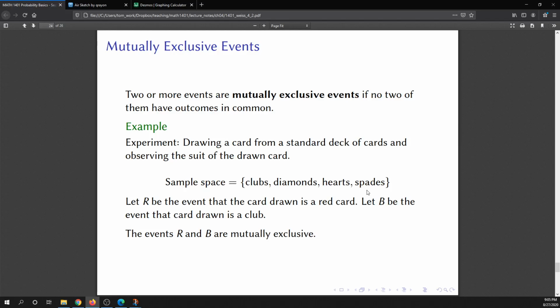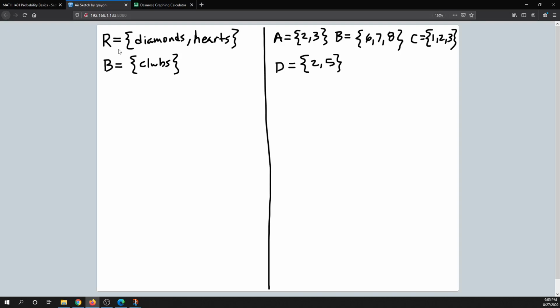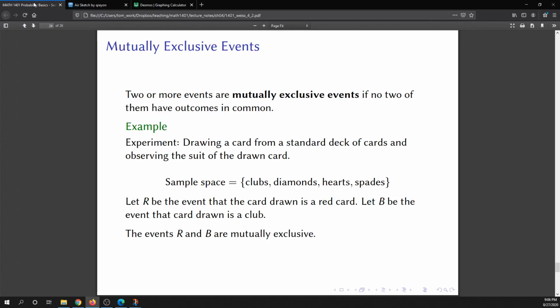That event would contain diamonds, because the diamond cards are red, and hearts, because those are also red cards. B is the event that the card drawn is a club, so that would be the event containing only clubs. So here are our two events.